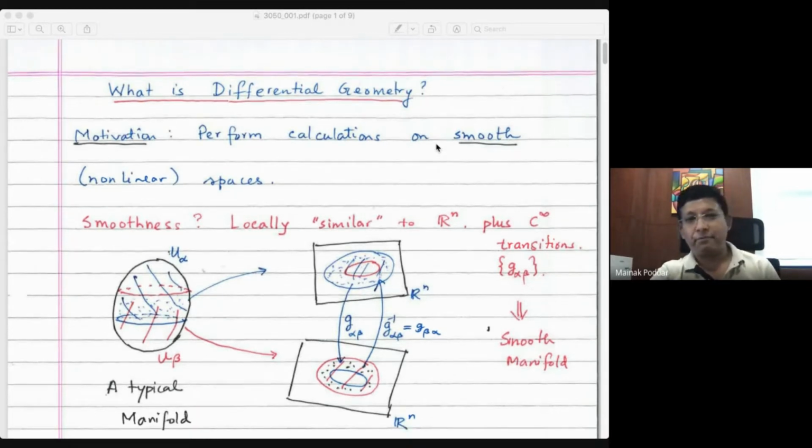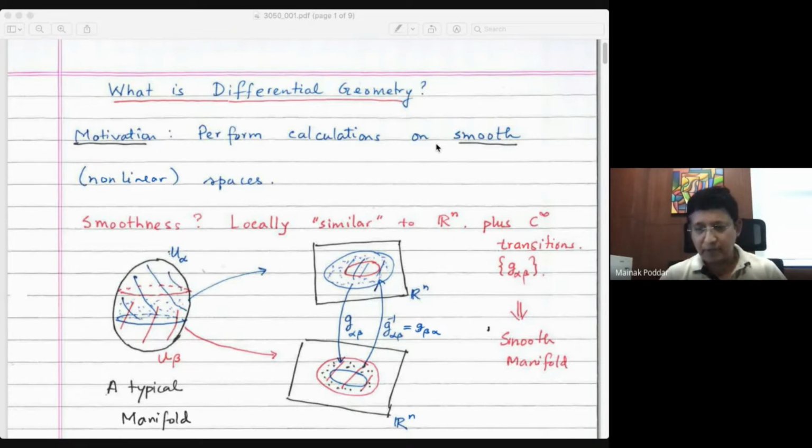And one can say that initially, the motivations were out of practical necessities, like how do you perform calculations on spaces that are not linear, like R2, the plane, or R3. So spaces that are not like Rn. And for example, like a sphere or the surface of a bagel or things like that.